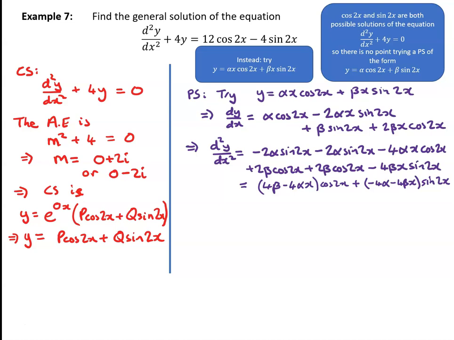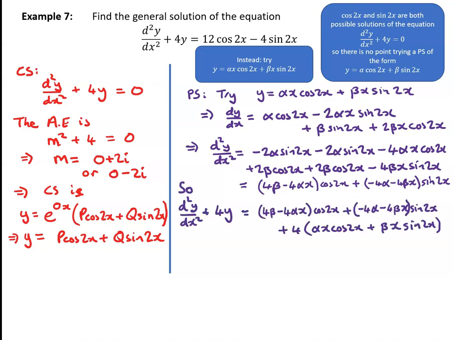So d2y dx squared plus 4y is equal to 4 beta minus 4 alpha x times cos 2x plus minus 4 alpha minus 4 beta x times by sin 2x plus 4 lots of alpha x cos 2x plus beta x sin 2x.